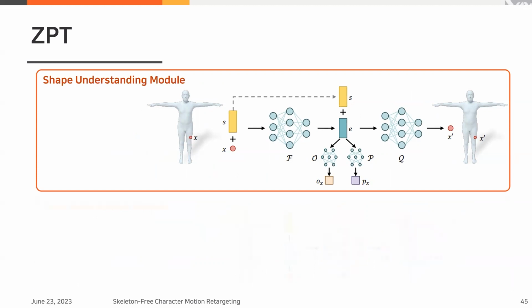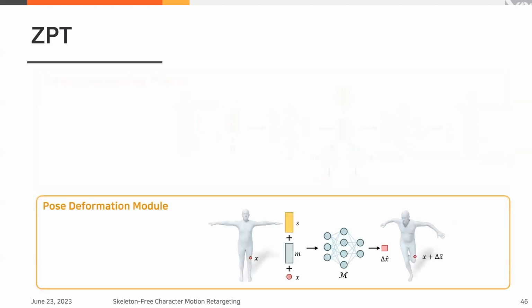For a given pose code and a learned shape code, the shape understanding module estimates the correspondences between vertices of source and target mesh. And then the pose deformation module deforms each surface point of the character to match the target pose.